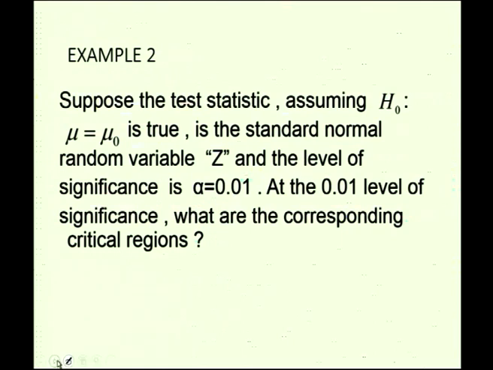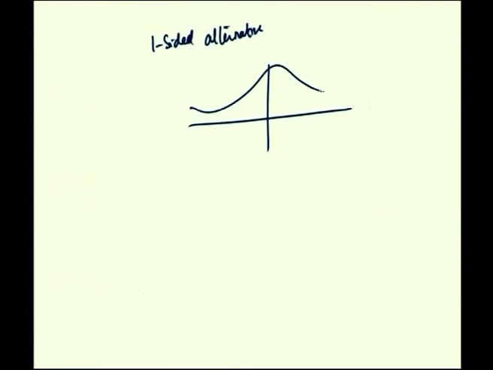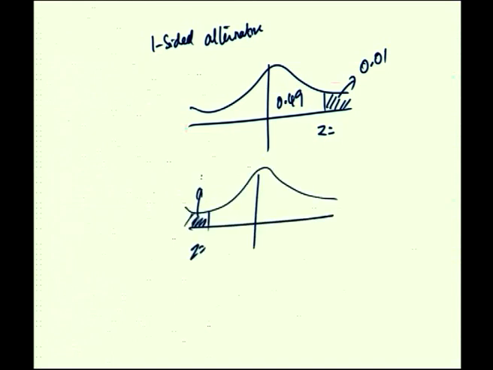As discussed earlier, just draw the diagram for one-sided alternative. Draw z, you have to find out. This is 0.01. When this is 0.01, this is 0.49. You have to look at the value, you can refer the table and see that this is 0.5, this is 0.5. Okay, for 0.99 comes the value of 2.33 and similarly this is minus 2.33.